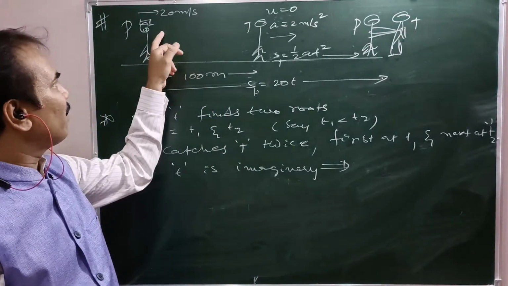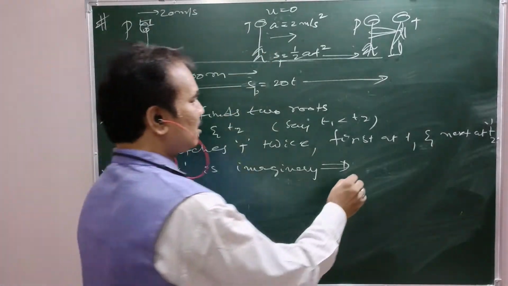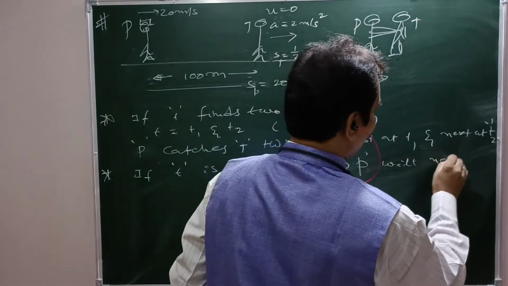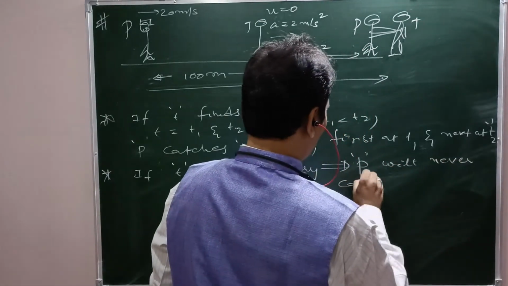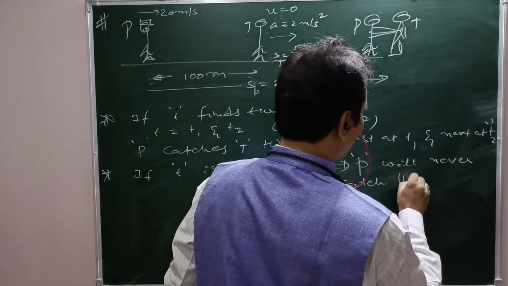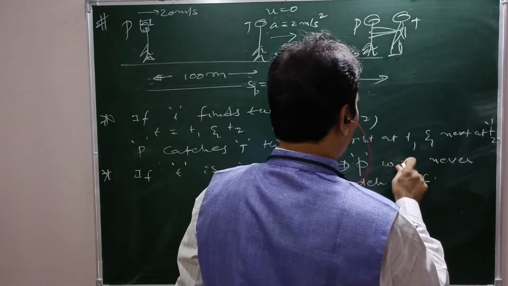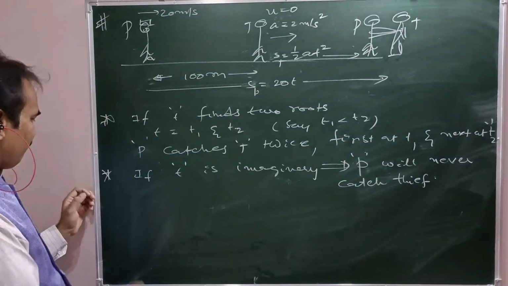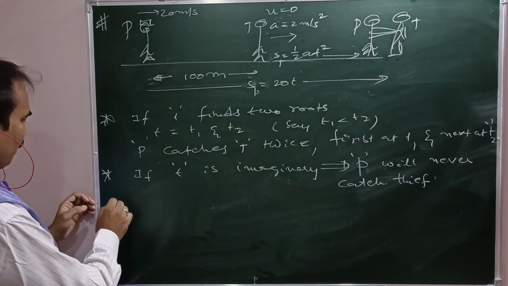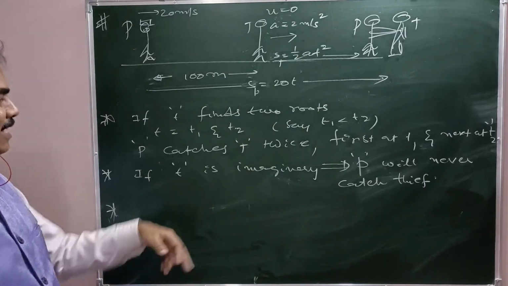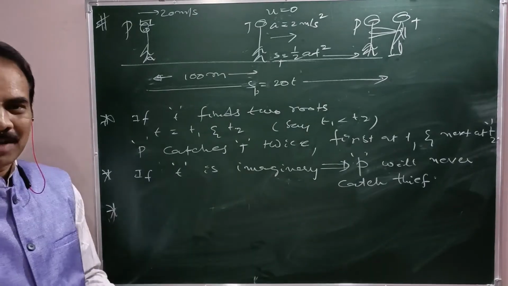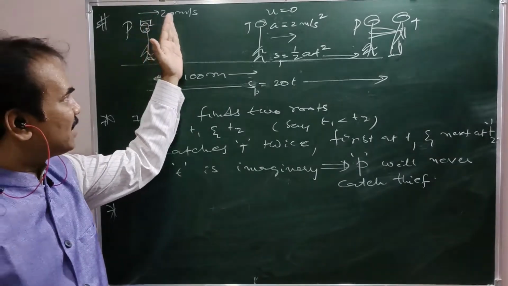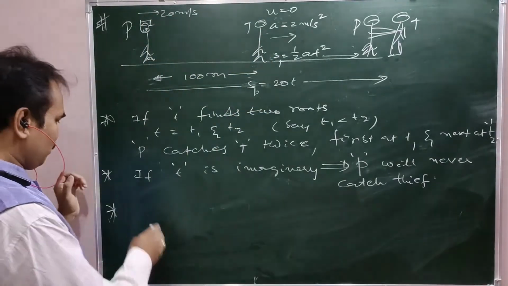The policeman will never catch the thief. And in that case, if he fails to catch the thief, he definitely has some closest distance of approach from the thief.